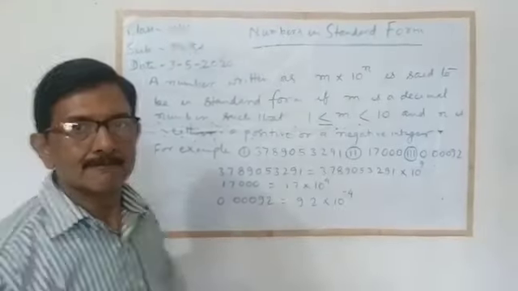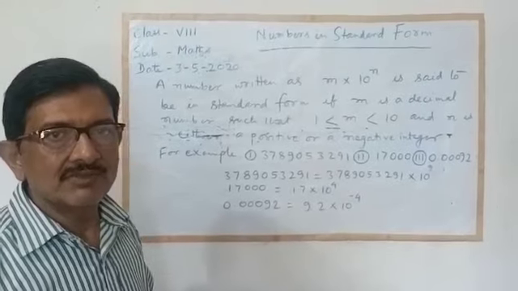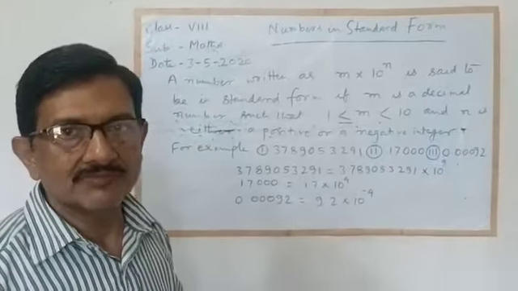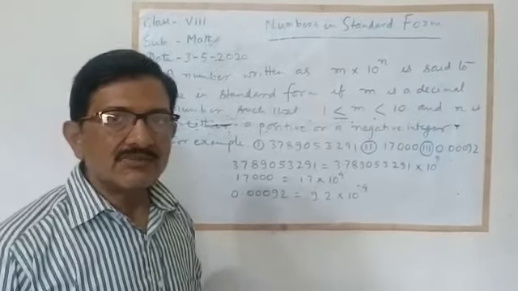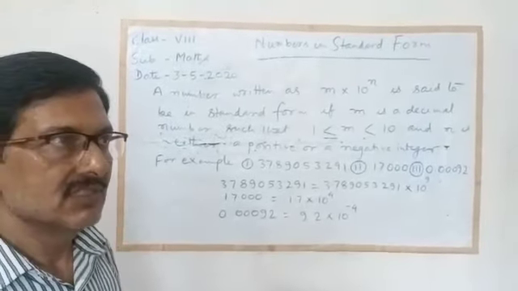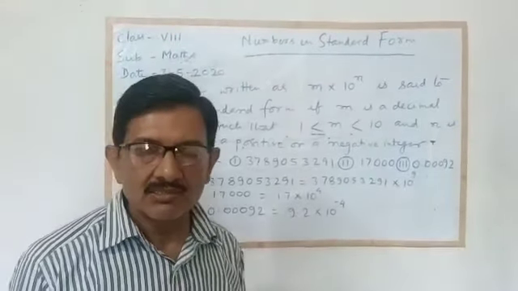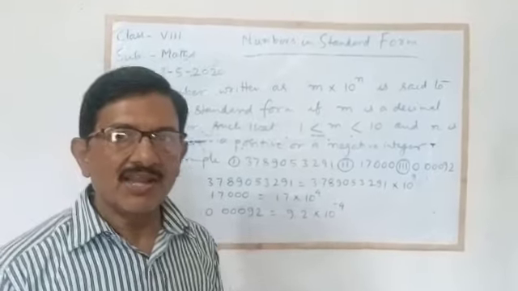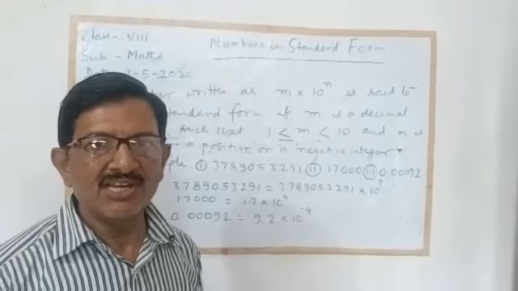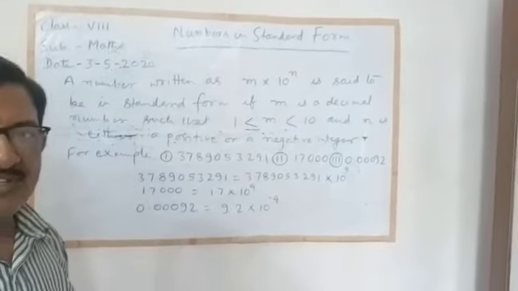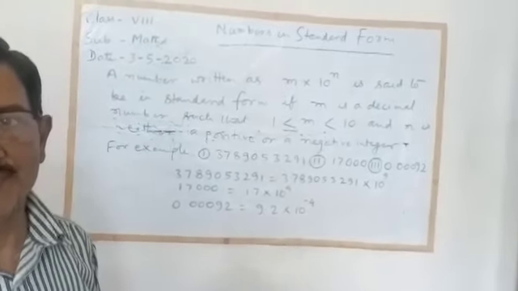Okay. In this part of the video we will discuss how to write a number in standard form. Why do we need it? When a given number is extremely large or extremely small, then we have to write it in standard form.